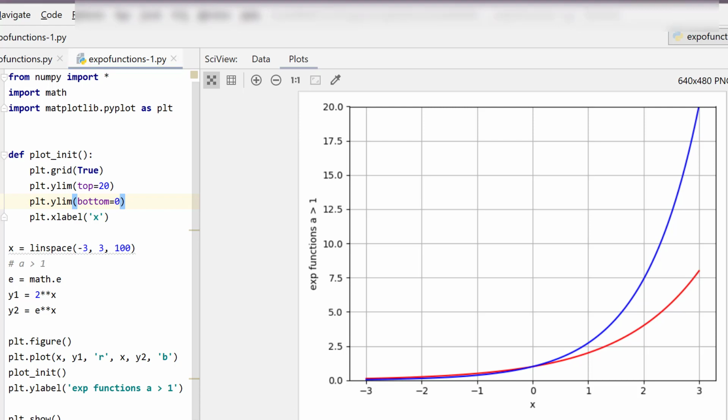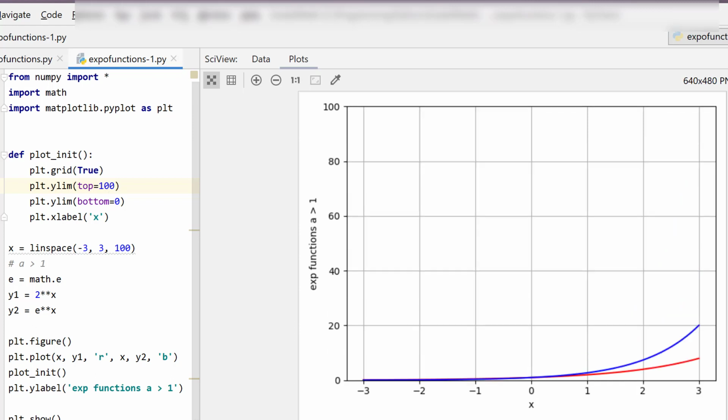Let us look if I change the upper bound or the y limit, the top value, to say 100. And rerun it. Okay, and let us change the x.